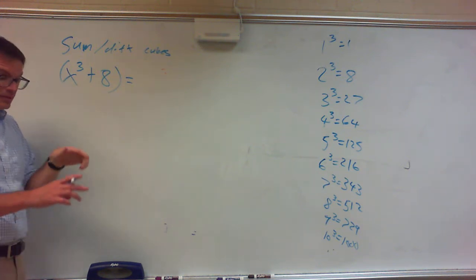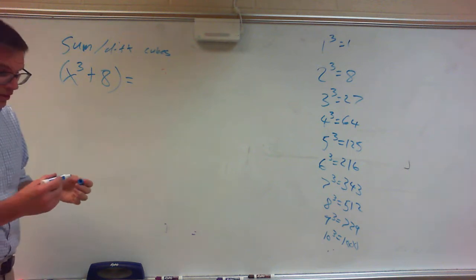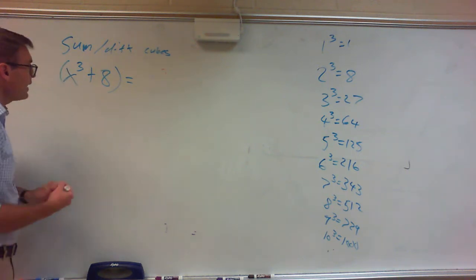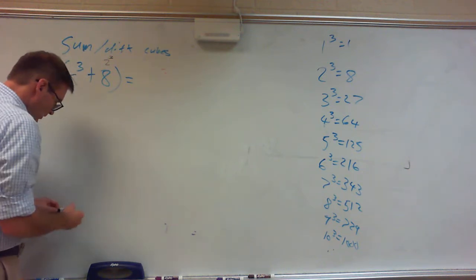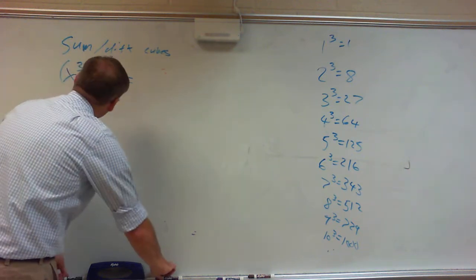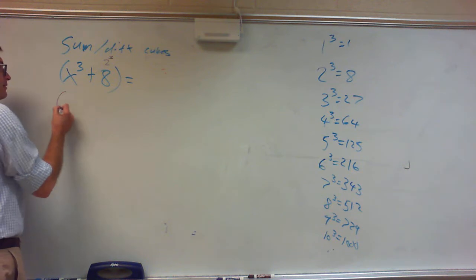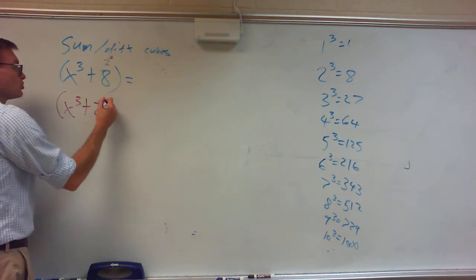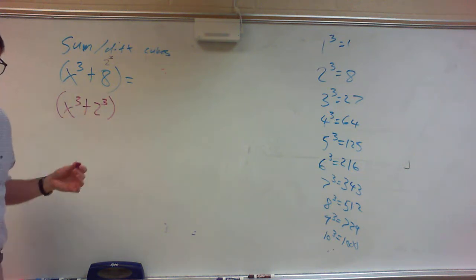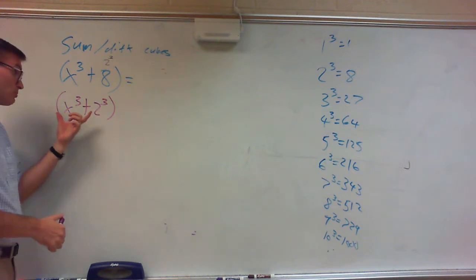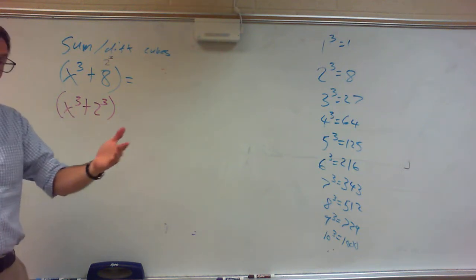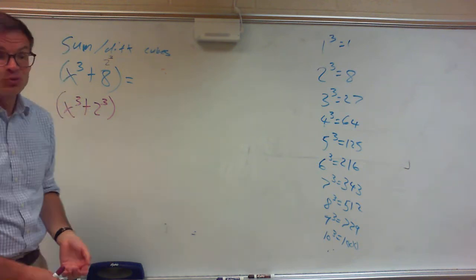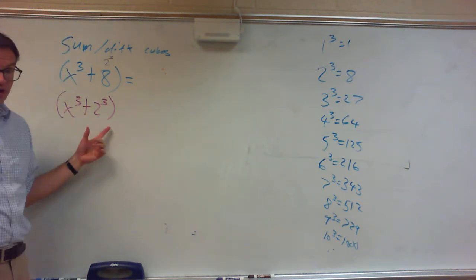Cubes, because x is cubed, and that 8 is 2 cubed. So when I look at this, I see x cubed plus 2 cubed. The reason it's called a sum of cubes is that's a cube, and we're adding.